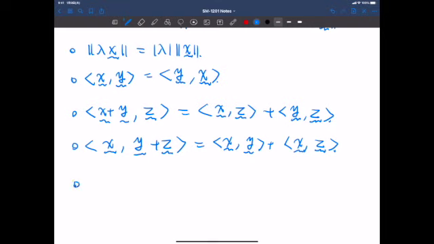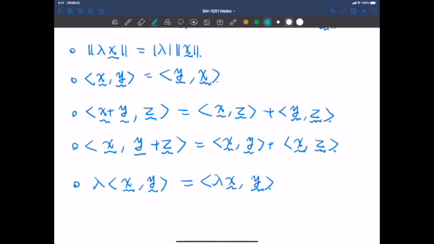And here's a result involving two types of products. This is equal to lambda x and y.